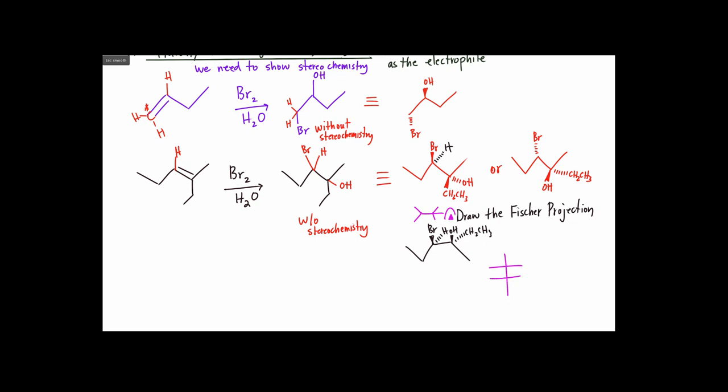We're going to have this CH3 going down, and over to my left is going to be what? CH2, CH3. Over to my right is going to be an OH. Br is behind OH. H is behind CH2, CH3. And going down is CH2, CH3. Okay.